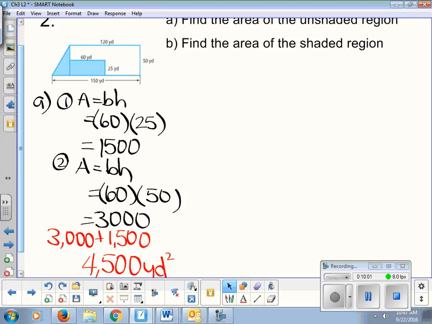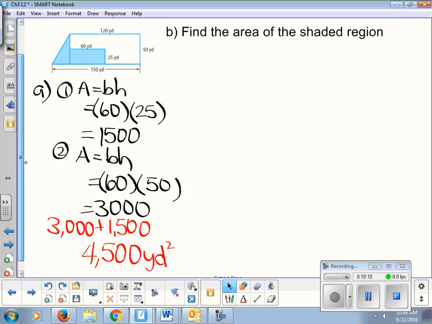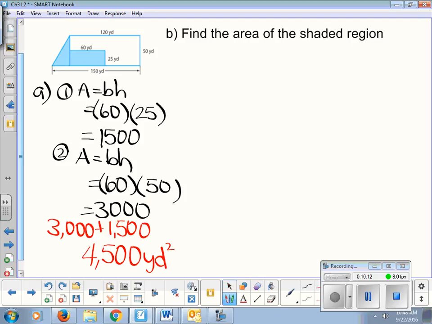The second part of this question wants us to find the area of the shaded region. We could focus on the shaded region, or what do you notice about our entire figure? What shape is this?